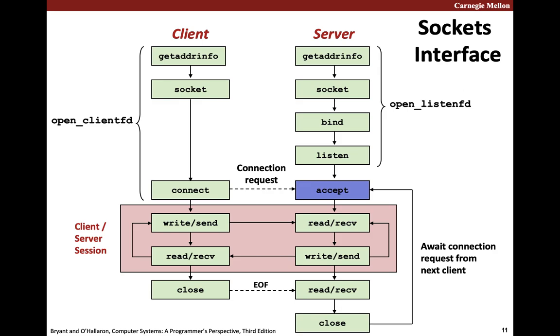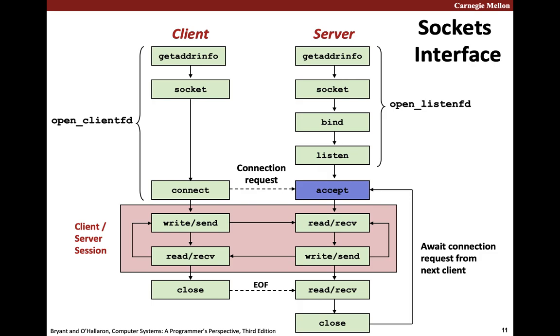Once we have that socket established as a listening socket, we are going to use the function accept, which is again specific to TCP, not to UDP. We don't need listen or accept with UDP.